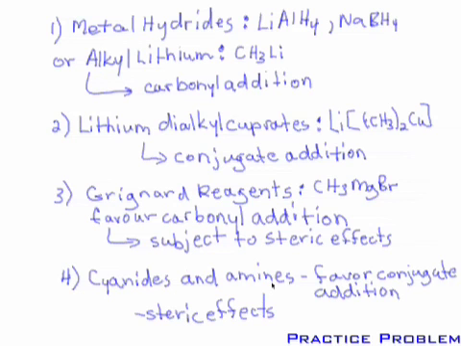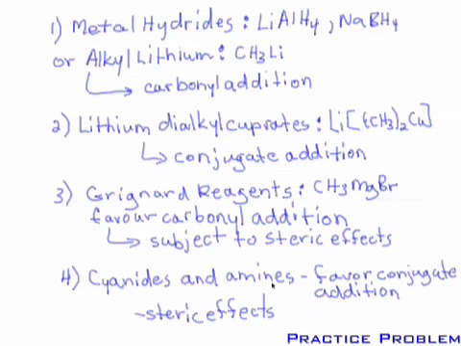Okay, so let's try one problem that exemplifies these 4 reactions and see if we can make some predictions about it and apply these 4 rules. Once again, the 4 rules are metal hydrides and alkyl lithium will favor carbonyl attack.